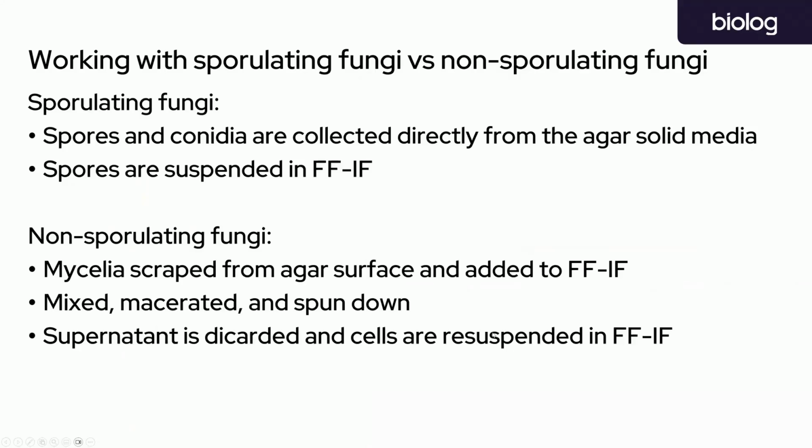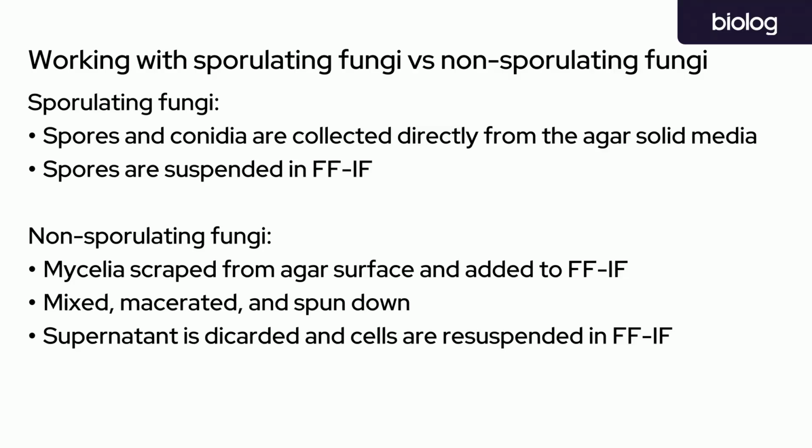As I mentioned before, we're expecting to use mostly sporulating fungi in the FF database. However, there are some that don't sporulate. For those that do, the typical workflow would be to moisten the swab with the FF inoculating fluid and roll that across the top of the culture just to pick up some spores and avoid getting any mycelial material, and then transfer that to the FF inoculating fluid.